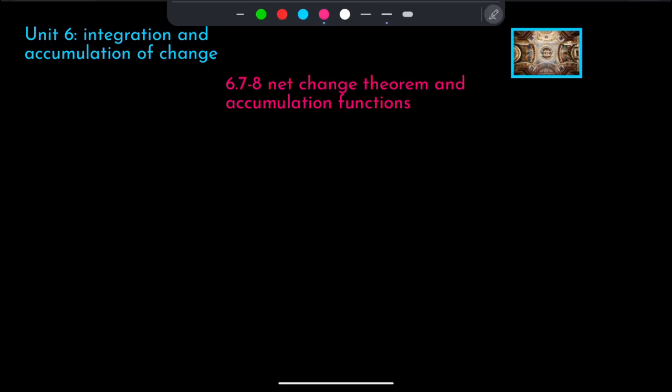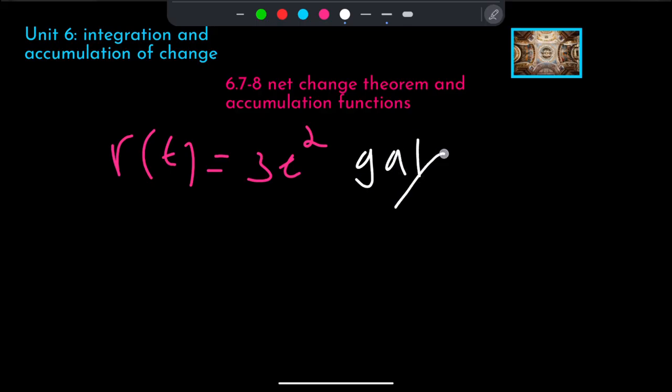Our example number 1 is: how much water flows into a tank at a rate r of t equals 3t squared gallons per minute?